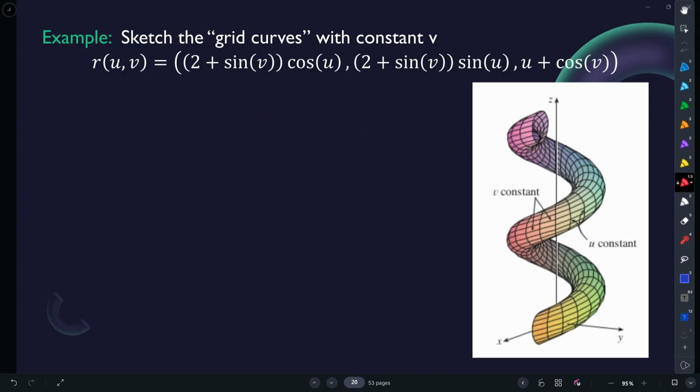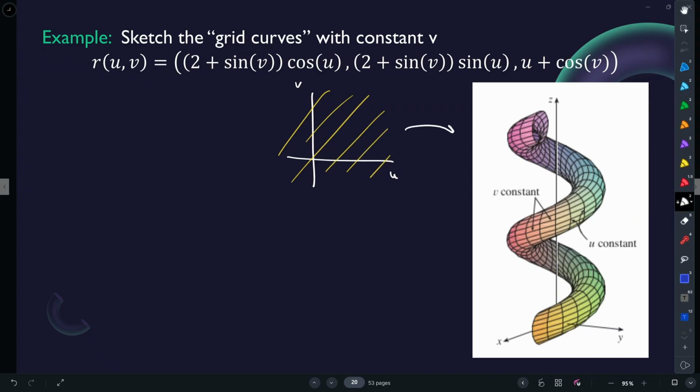As I said, these can be very complicated. So we have a parametric space here of u and v. The parametric space is really easy, but through this parameterization you parametrize this sort of thick helix.